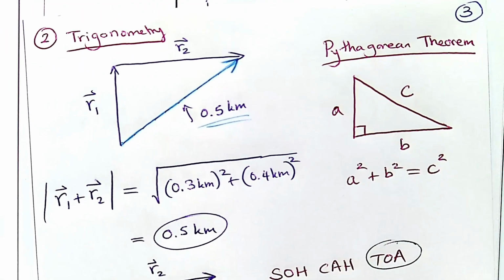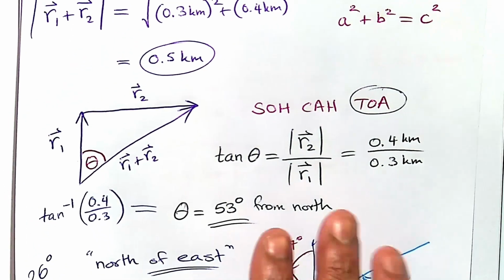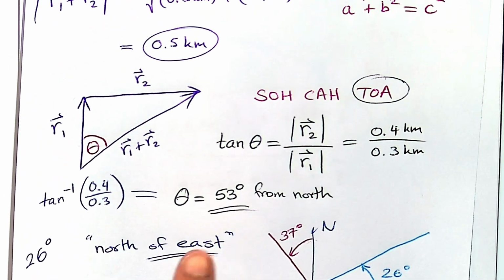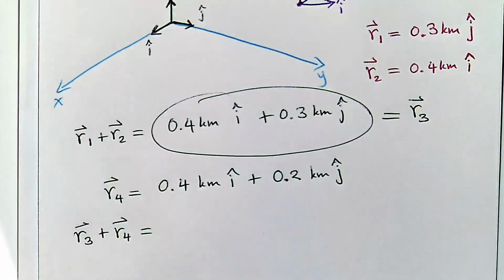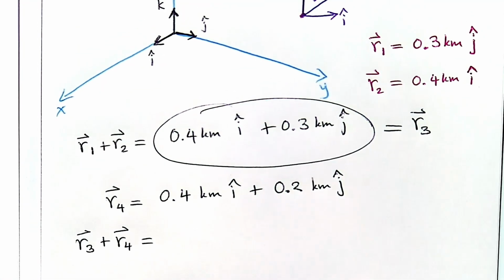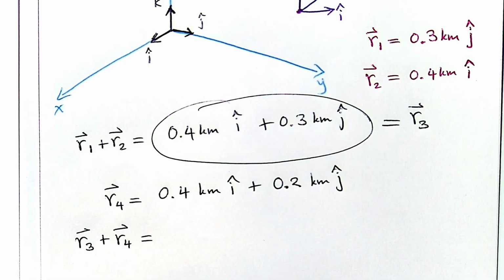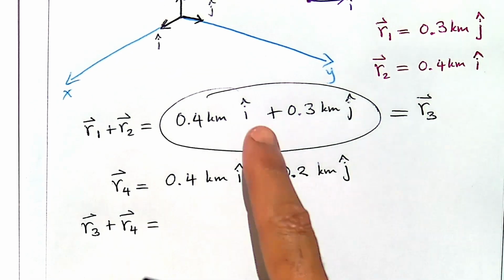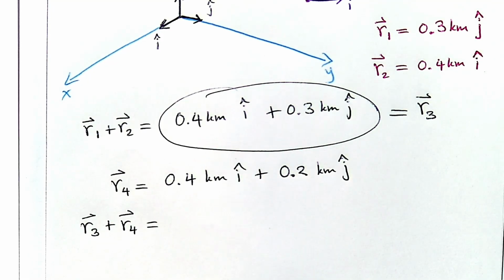You have to do the Pythagorean theorem again, and then go through and find SOHCAHTOA and find the angle. This is much longer, you'll see. The more times you have to add vectors, the more tedious it's going to become. In the case of unit vectors, all you have to do is just add apples to apples, oranges to oranges. So if you're adding R3 to R4, all you have to do is add the i components together.